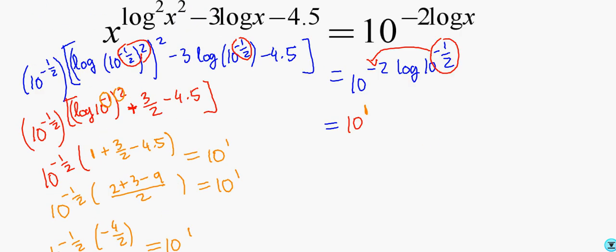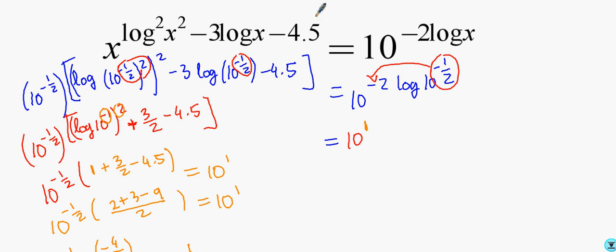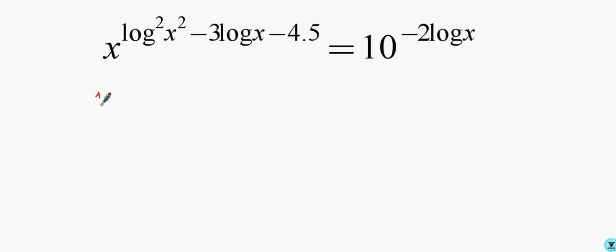Then finally let's check for our third solution, which was x equals 1. So if x equals 1, say 1 to the power of log of 1 squared, all squared, minus 3 log 1 minus 4.5.